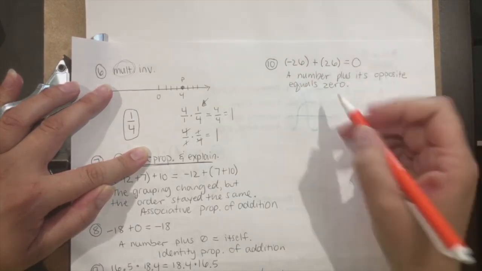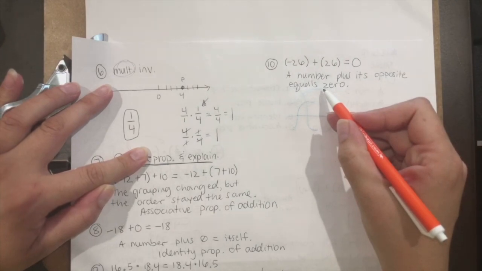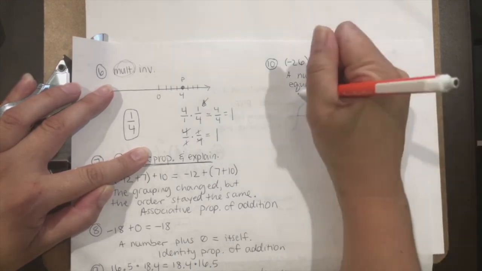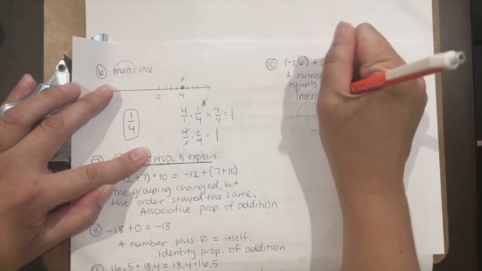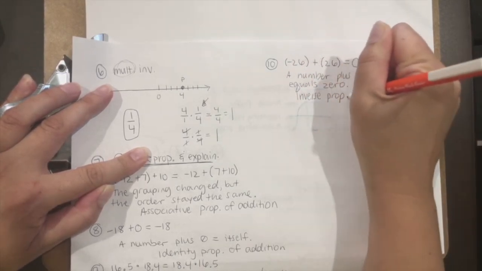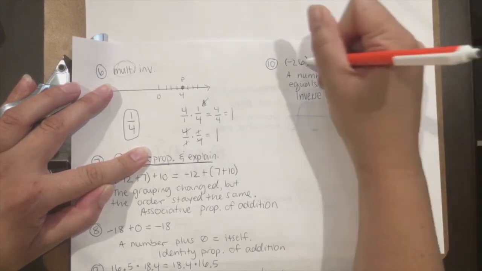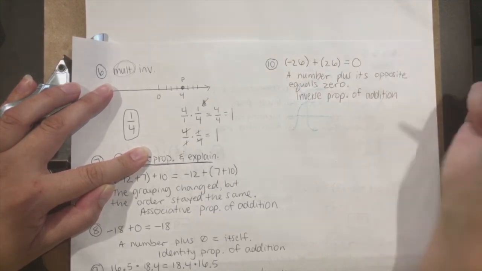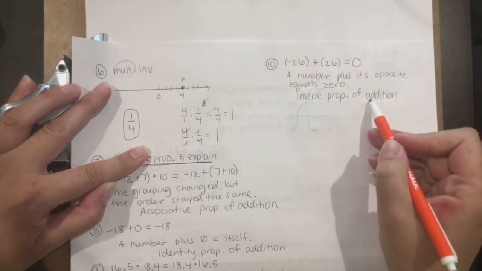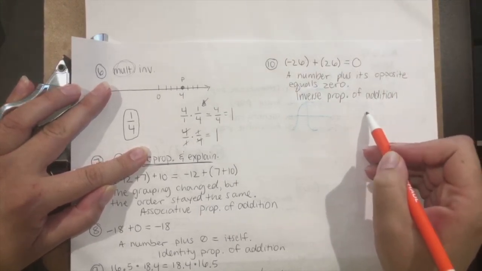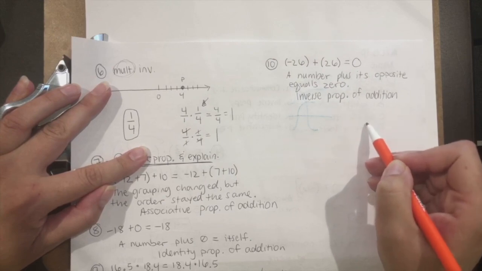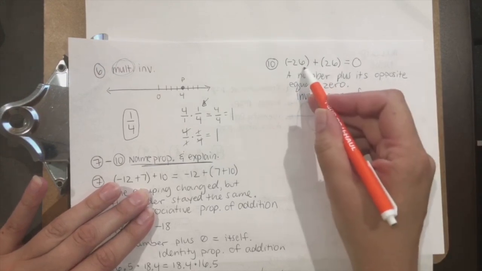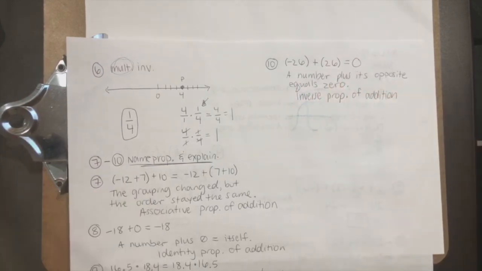So that would be the inverse, right? Opposite. Think of opposite and inverse. So inverse property of, and this one's addition. Remember, when it's the multiplication one, it's going to be a number multiplied by its opposite equals 1. So it's a little bit different for the multiplication, but for addition, a number plus its opposite equals 0.